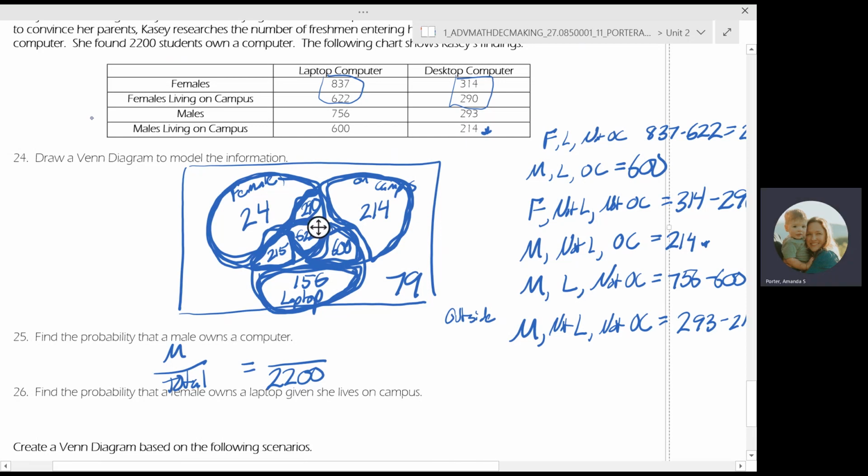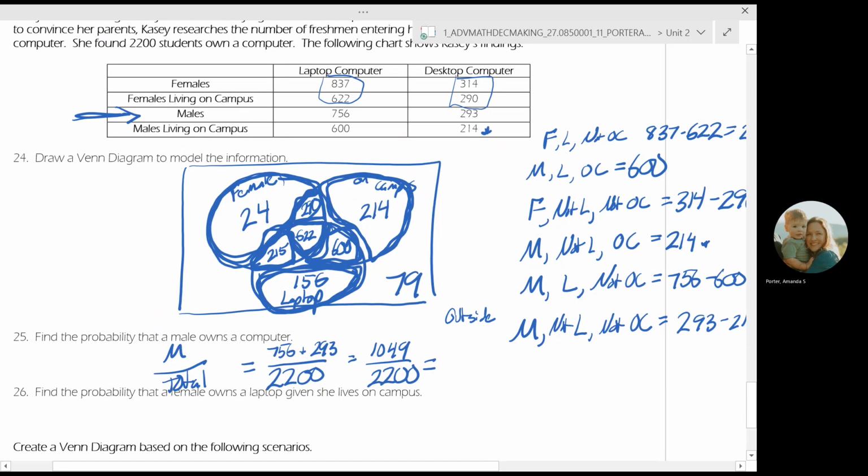I don't need to worry about the row below it because those are males and campus. So just a male. Males would be 756 plus 293. That is 1,049 out of 2,200. You can reduce that if at all possible, or you can just divide and get your decimals. I would say 0.477.